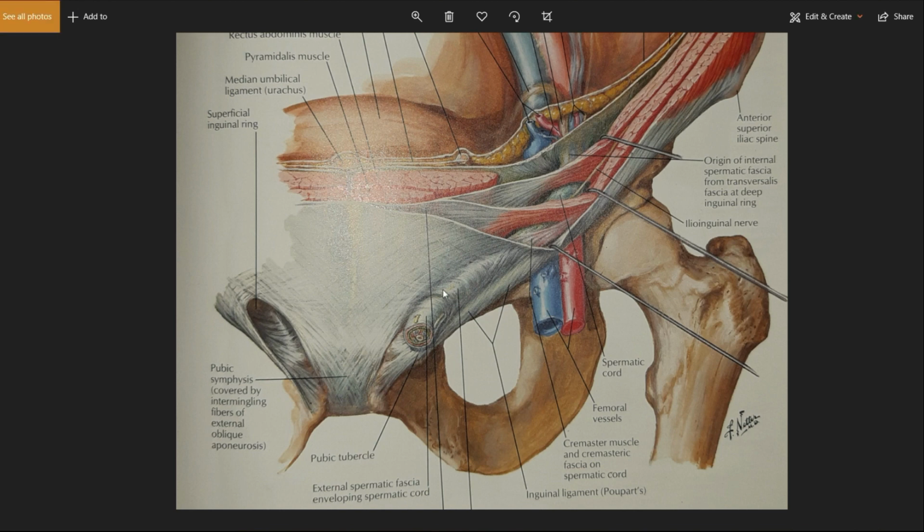Obviously, since the superficial inguinal ring is present in the external oblique aponeurosis, which is a broad aponeurotic sheath, and it is the anterior most muscle of the anterior abdominal wall, right? So throughout the extent of the inguinal canal, external oblique will always be the anterior wall. But there is this one muscle which is anteriorly located to just a part of the inguinal canal. That muscle is the internal oblique.